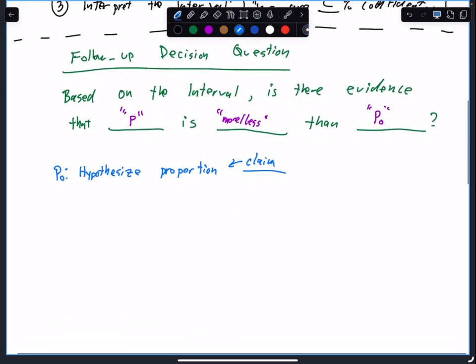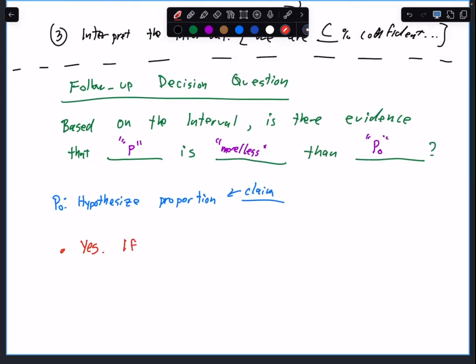The answer here is yes if the entire interval does not include p naught.